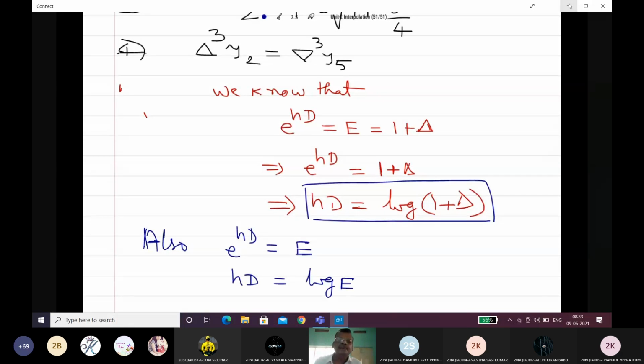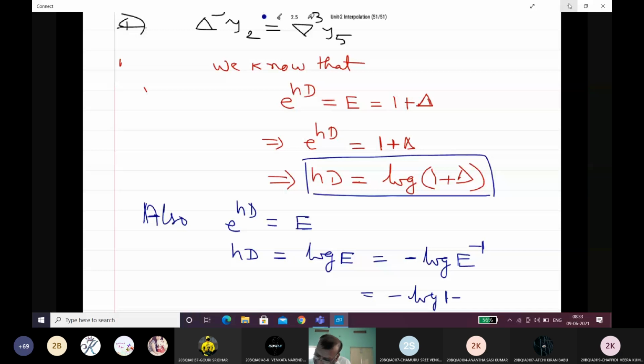So now what do we do? Multiply minus 1 inside and outside. This can be written as minus log of e inverse. Right? E inverse is equal to 1 minus delta. Therefore, that is equal to minus log of 1 minus delta. That is this one. This is the second property.